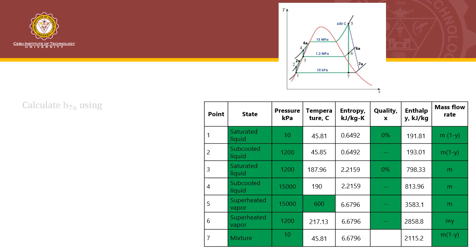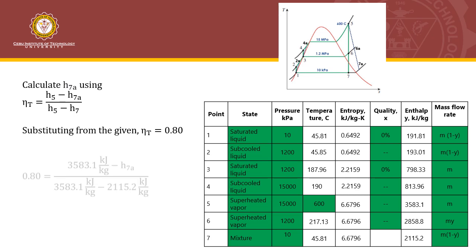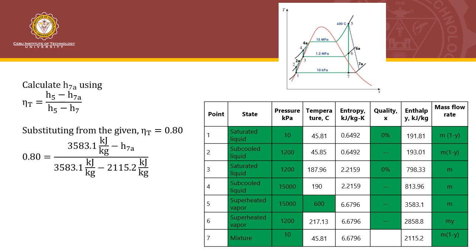We can also get the value of H7A using the same process, but the basis is always H5. So substituting the value of the isentropic efficiency of the turbine and the enthalpies H5 and H7, we can get also the value of H7 actual.